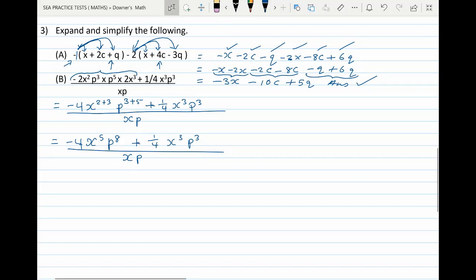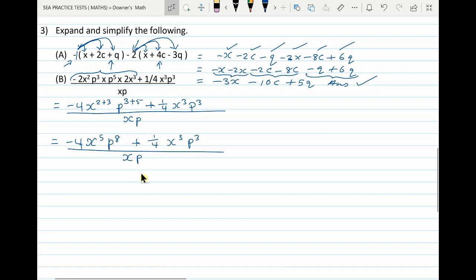Then we're going to divide by the xp from here. We're going to divide by this xp, the top, throughout these two.